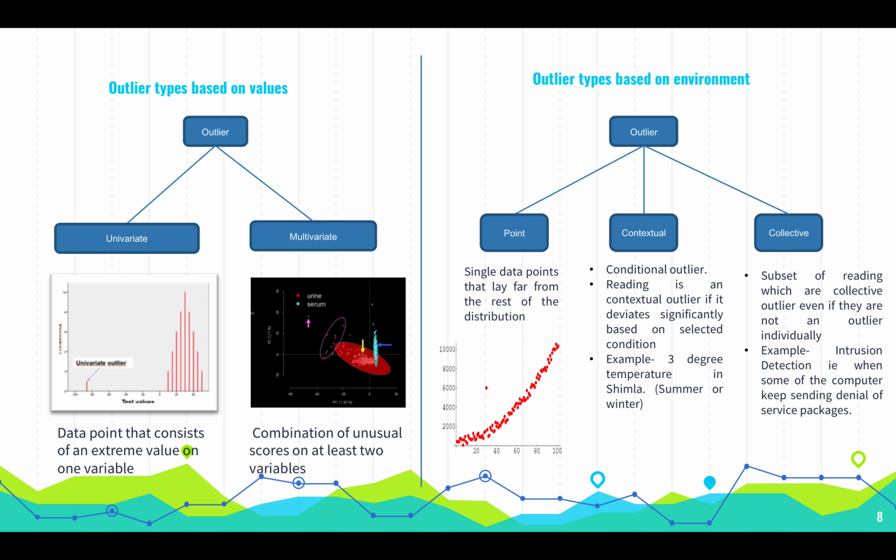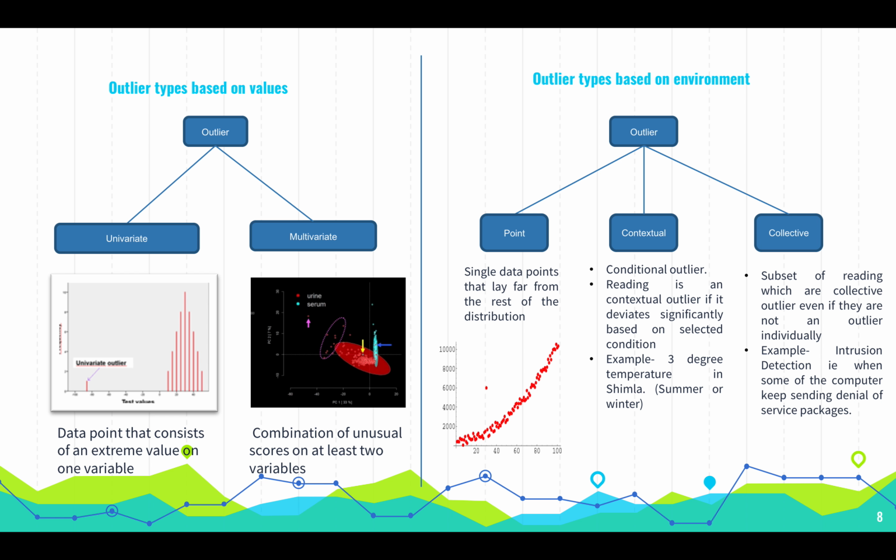Next is the collective outlier. A collective outlier is basically an outlier seen in a collection. Let me explain this way. There are a few computers connected to a network, and suddenly 5 out of the 7 computers have started denial of service packages.